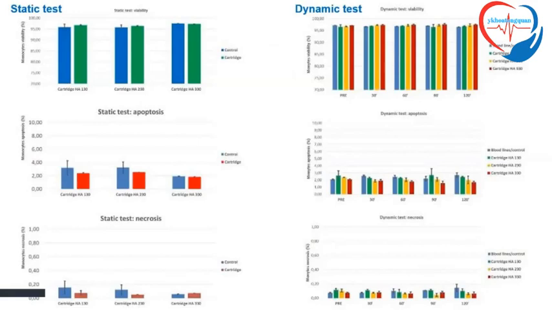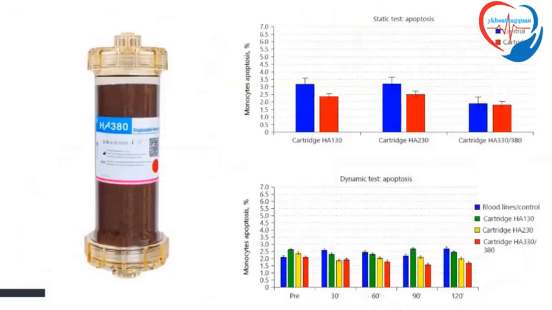And in practice, we did not find any difference between the exposure of the cells to the sorbent and the exposure of the cells to the control medium. In particular, you see practically no significant difference in static and dynamic tests. We studied cell viability, apoptosis, and necrosis.